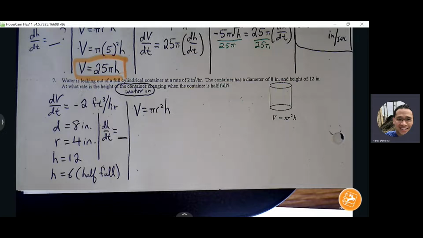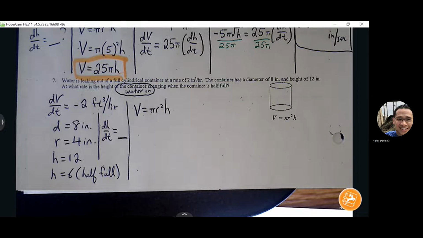What we really want is radius, because that's the formula that involves radius. So I can just split that in half and say my radius is 4. The container has a height of 12 inches, but the water inside the container is half full, so when H is equal to 6.